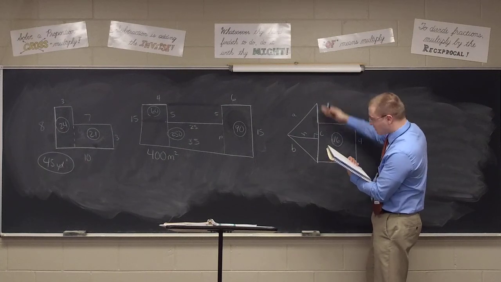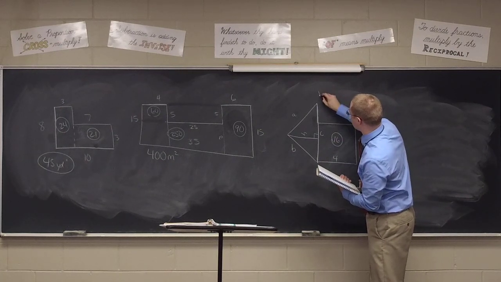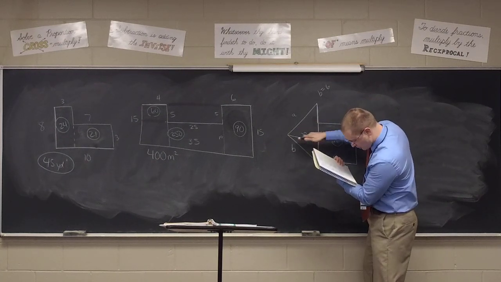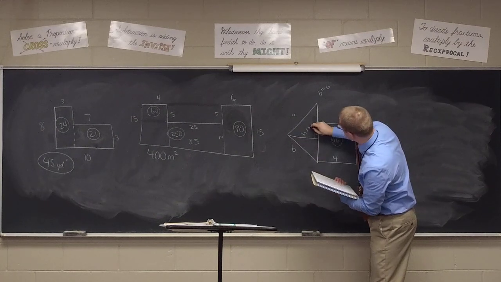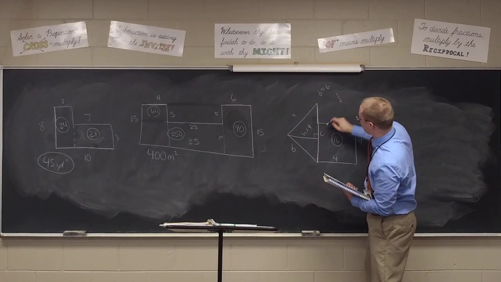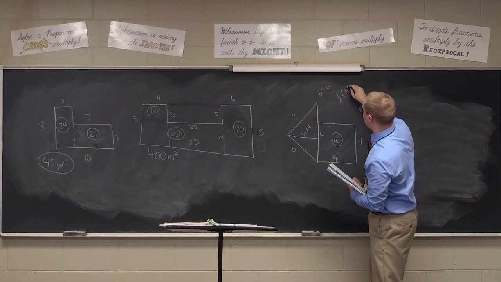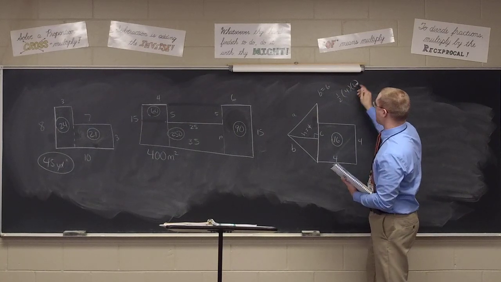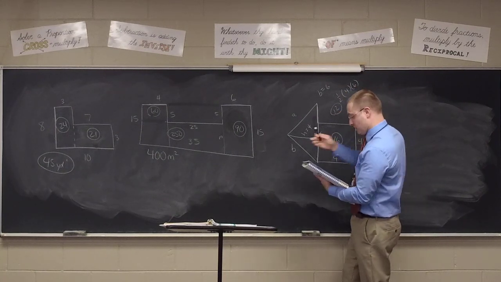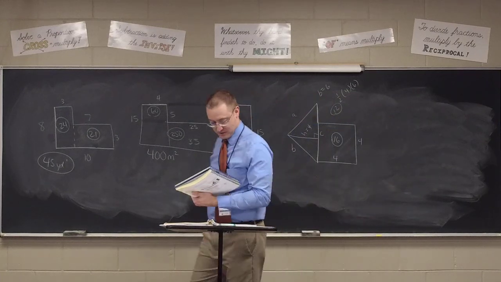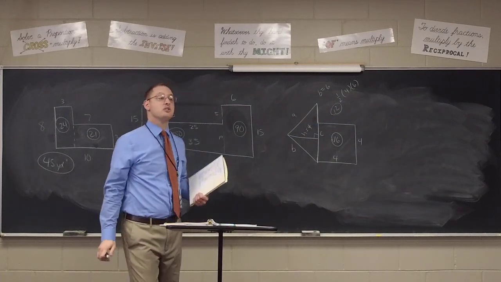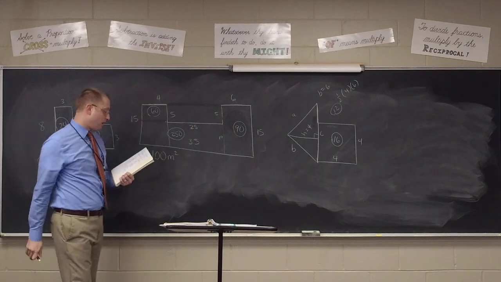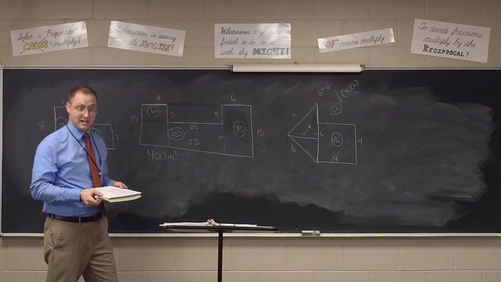So your base then is a total length of 6, and your altitude would be 4 more units, and you take half base times altitude, which ends up giving you an additional 12 square units to get an answer of? 28 square units. 28 square units. Is that what you had as well? Very good. Excellent questions on 18.